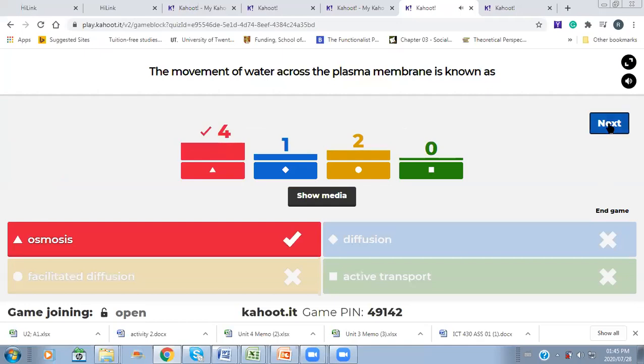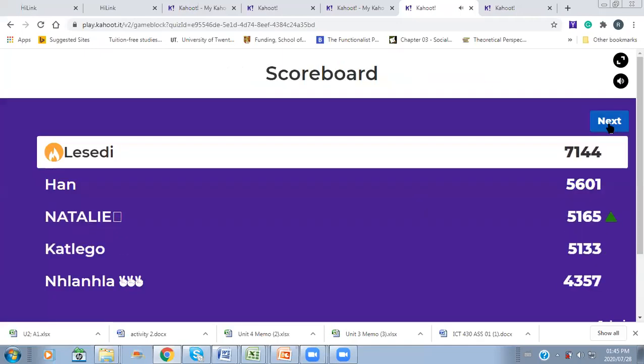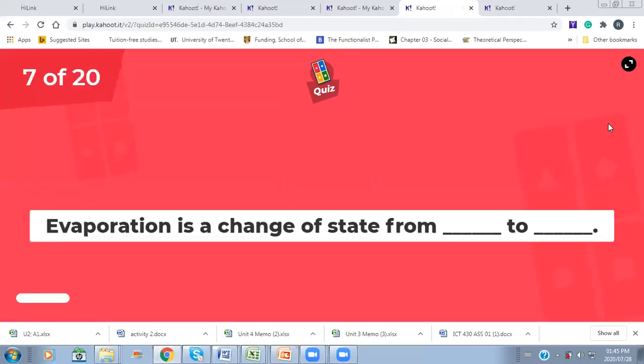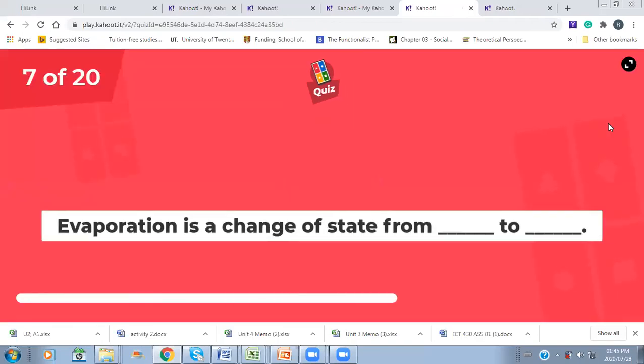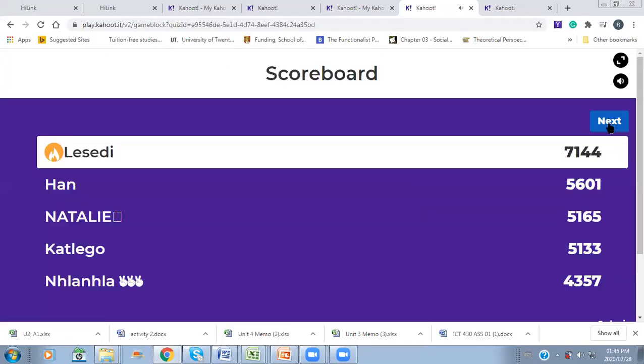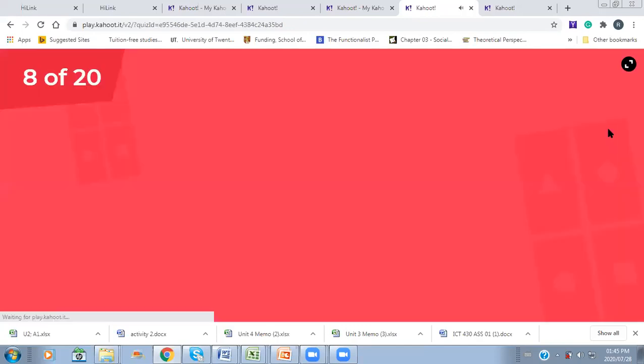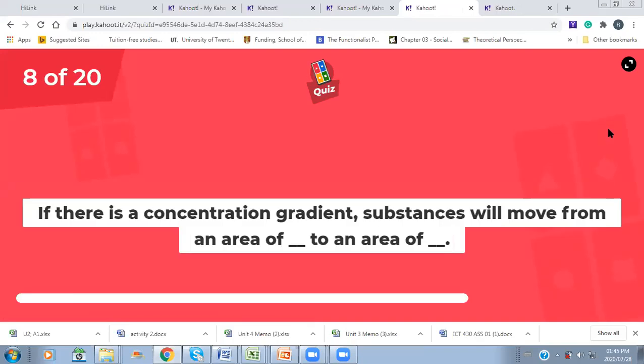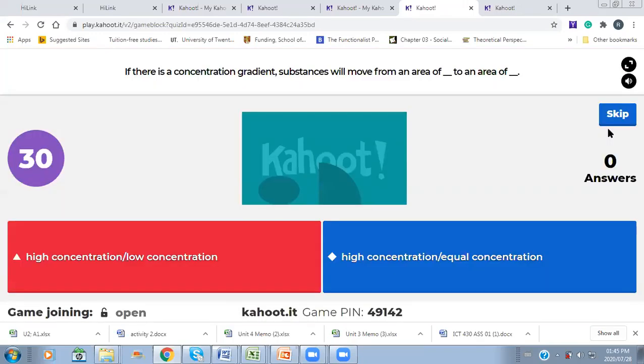Okay, let's go to the next. Evaporation is a change of state from. All right, let's go on. Let's go to the next.